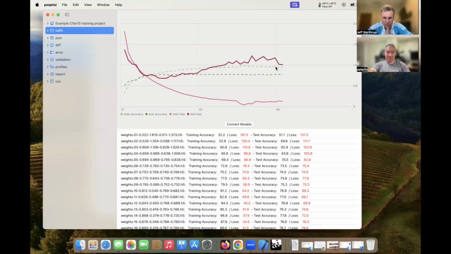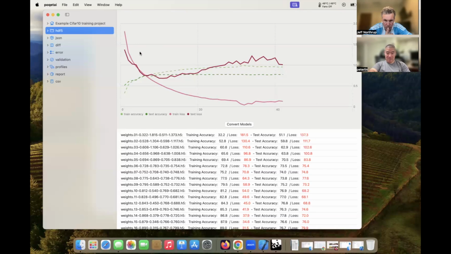We look at the test data, which is data the training model has never seen. We're just using it to validate how good or bad the model is. It's the dark line. The test loss started out at a lower point, which makes sense because it's done after we've done one run through the training data.